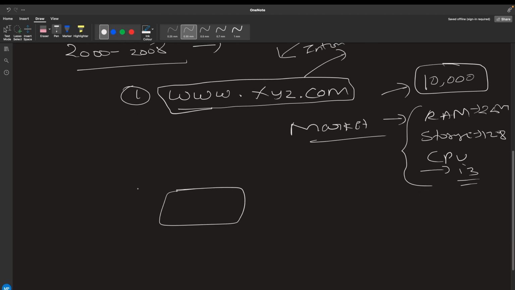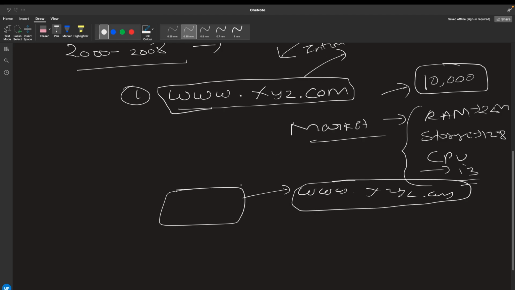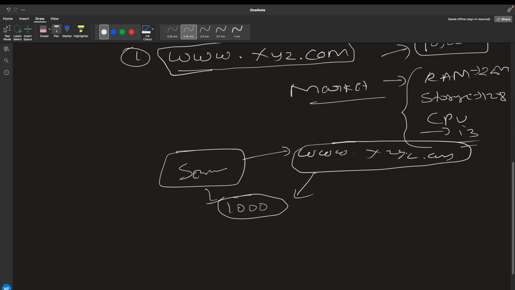This server can host your website, which you can access over the internet, but it can only serve around 1000 users.